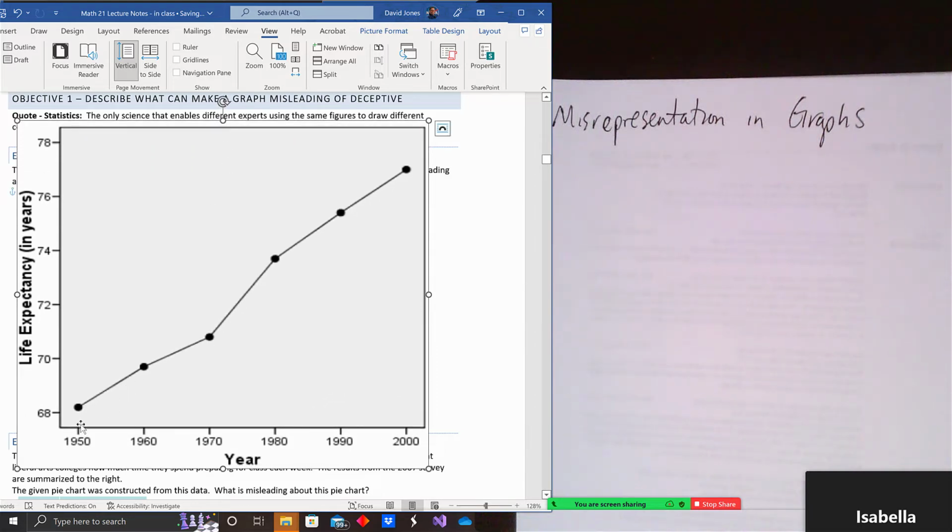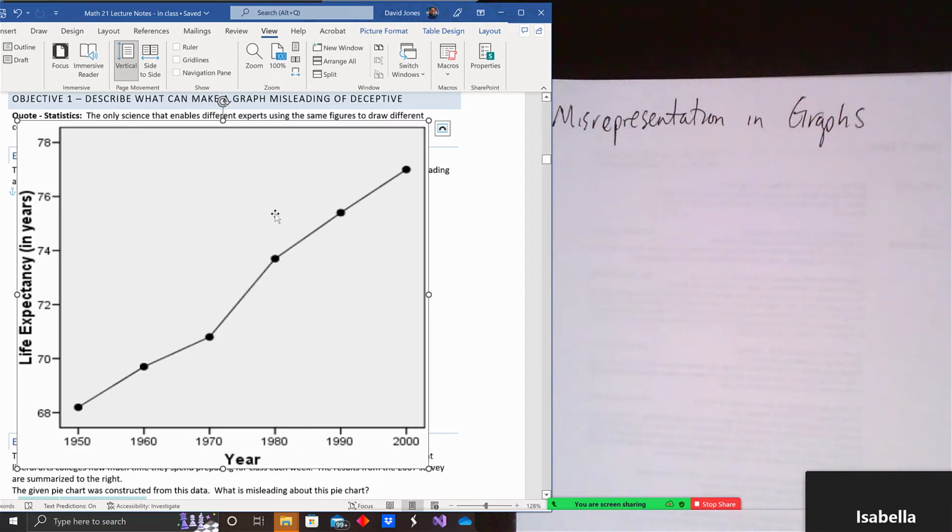So I'm looking at this data. It's got 1950, 1960, 1970. Every mark across the bottom is 10 years. And when I start at 1950, it's really low on the graph, right? It's almost at the bottom of the graph. And over in 2000, it's almost at the top of the graph.